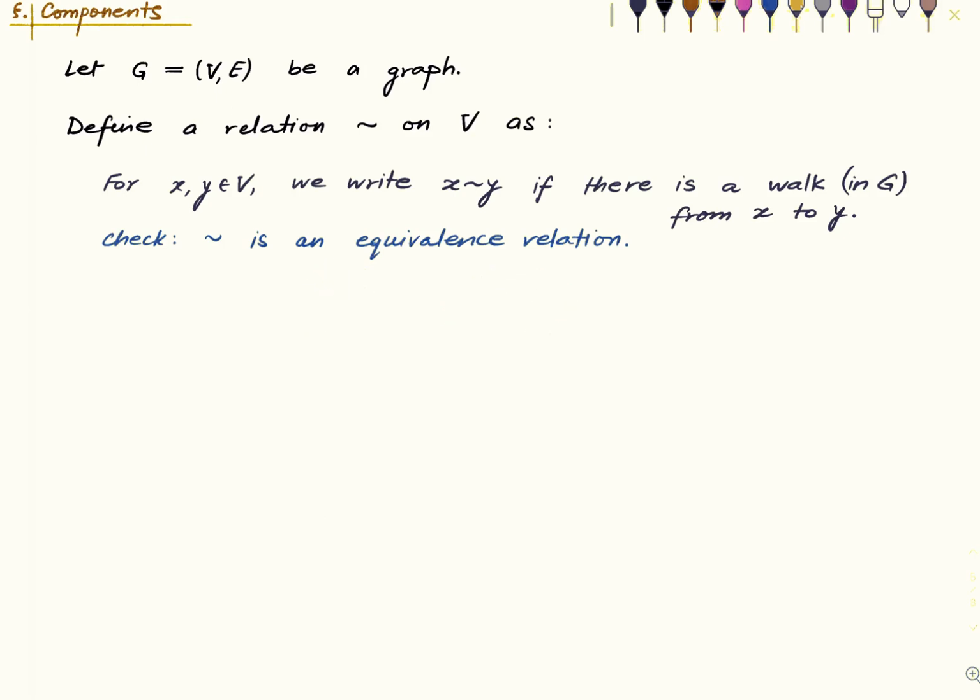And I leave the proof of symmetry and transitivity to you. So this is an equivalence relation. And a component, or rather I should say the equivalence classes under tilde are called components of G.